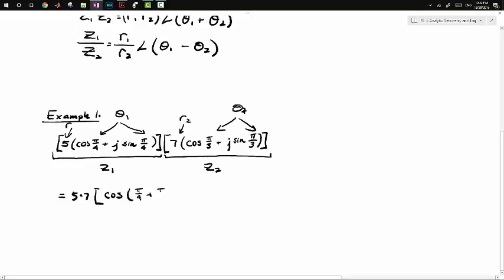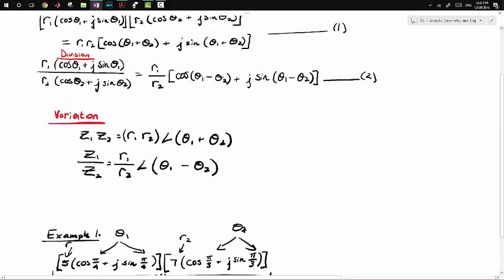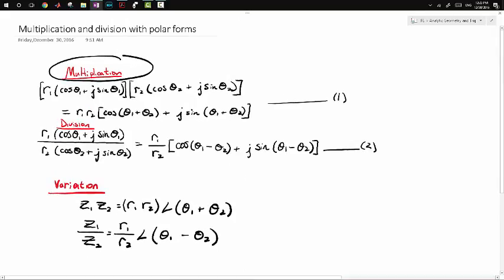And we're going to add this by j sine of the addition of theta 1 and theta 2, pi over 4 plus pi over 3. And again, that's just following this first equation there.